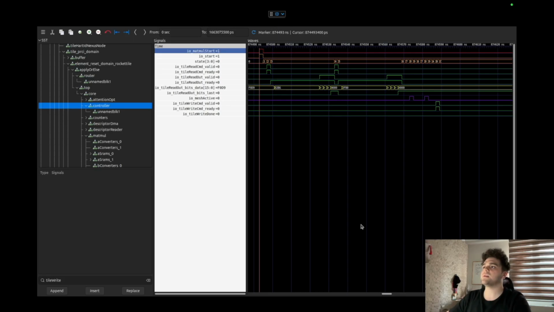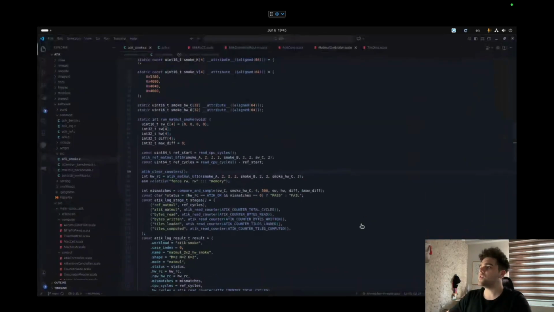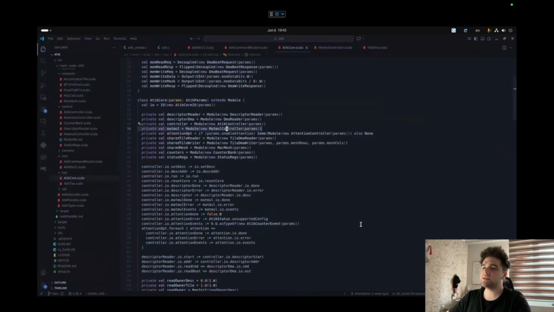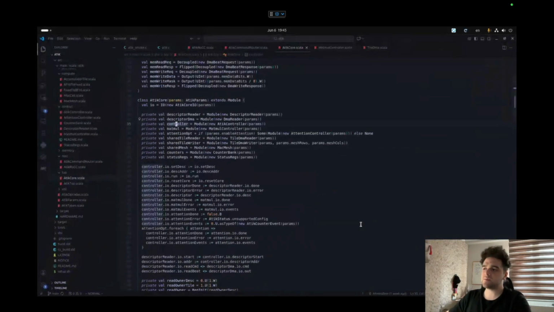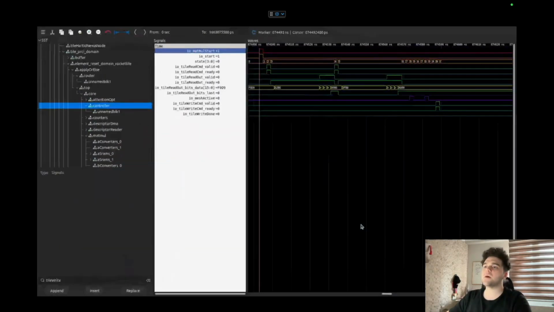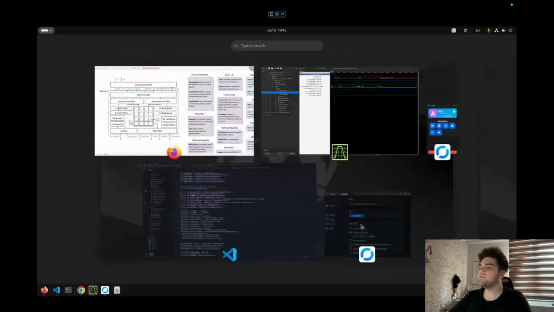this specific nanosecond. And if we go to the code, you can see that the controller that we have been seeing here in the GTK wave is this controller, and it is just this Atik controller. And also we have a matmul module, this matmul module here, which is also in the GTK wave.